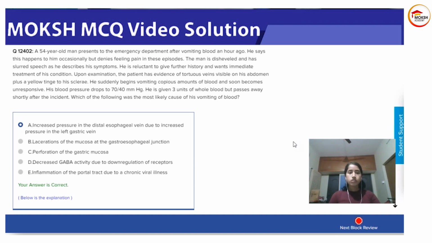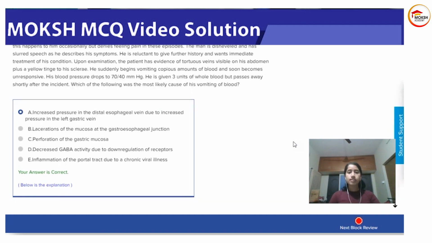Last one is inflammation of the portal tract due to chronic viral illness. So portal hypertension can result from a chronic viral illness, especially hepatitis B, C, because both of them result in cirrhosis that can also result in this. But in this, they've not mentioned anything about the patient having hepatitis.